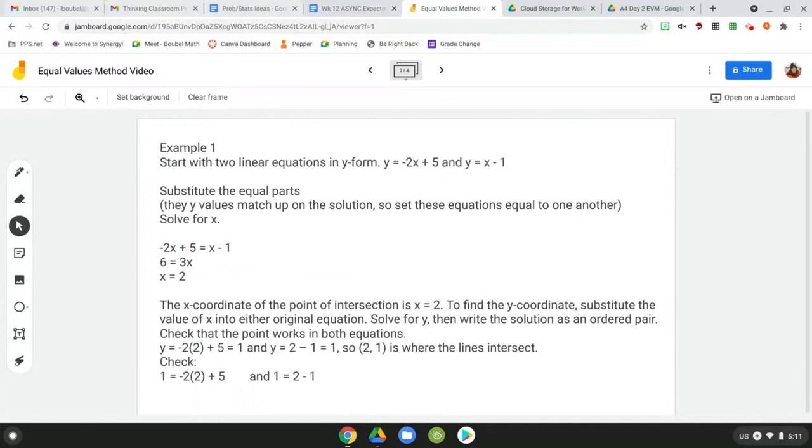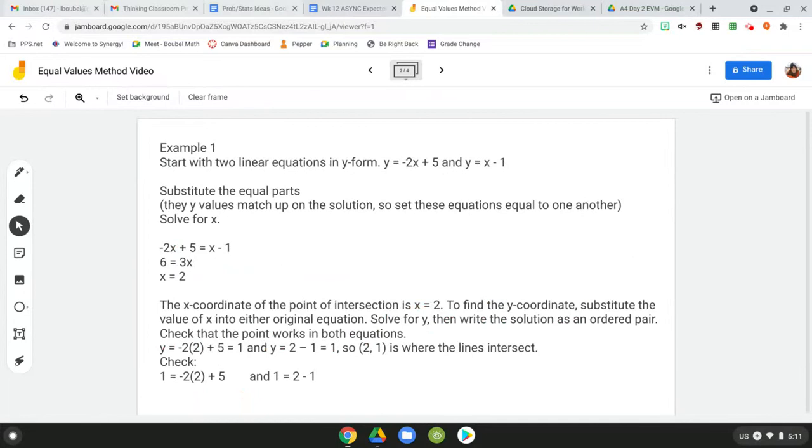That tells me that the x value of the point that works for both of those equations is 2. And how do I get the y value? Well, I know my x value has to be 2, so I plug it into my original equations at the top, and that will tell me what y is.